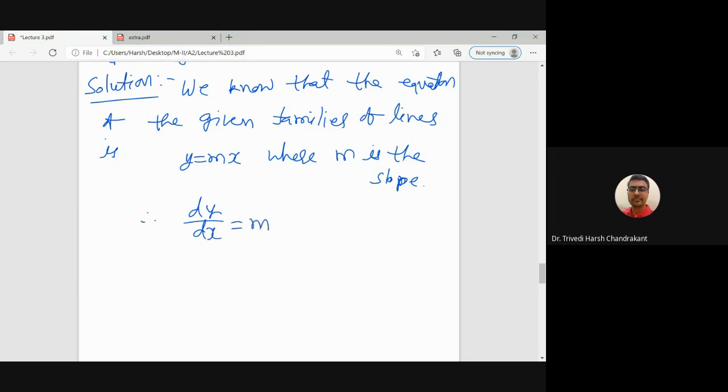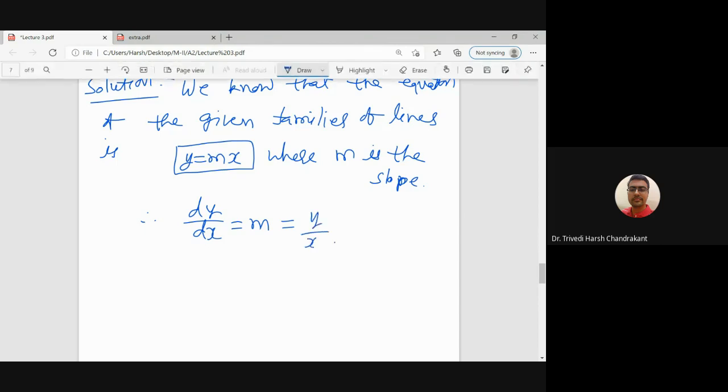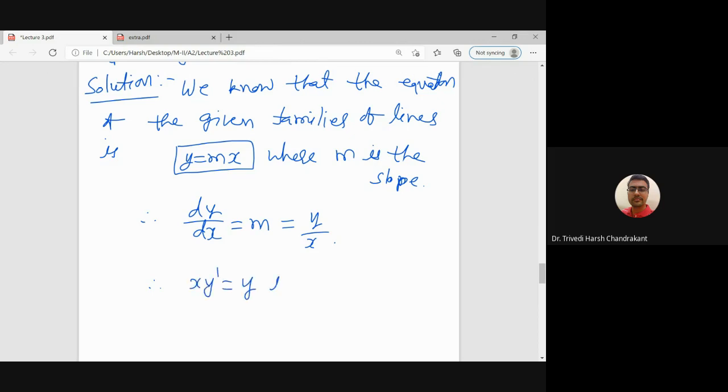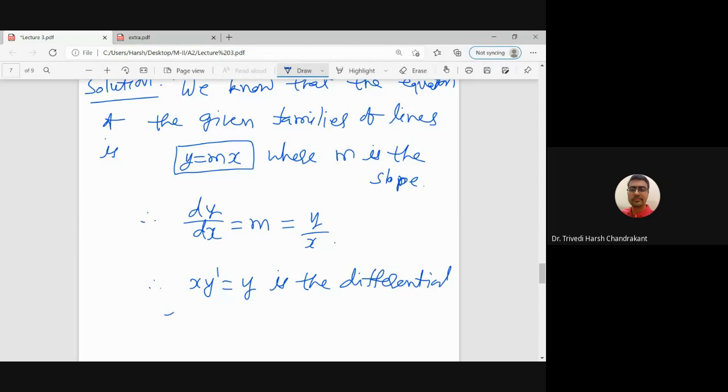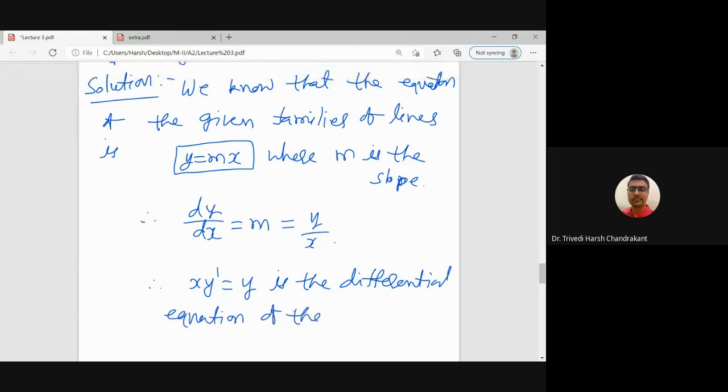And m is the constant, so we need to use this equation to eliminate the constant. Essentially we get m is equal to y by x. So the differential equation is basically x y dash is equal to y, the differential equation of the given family.